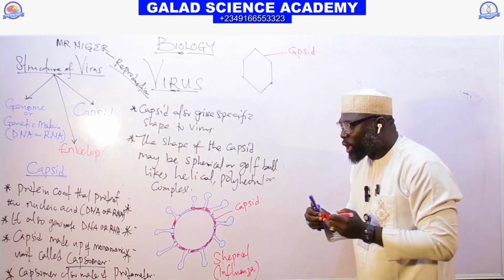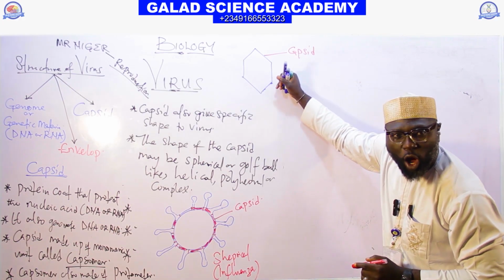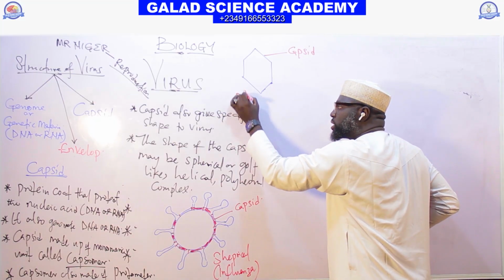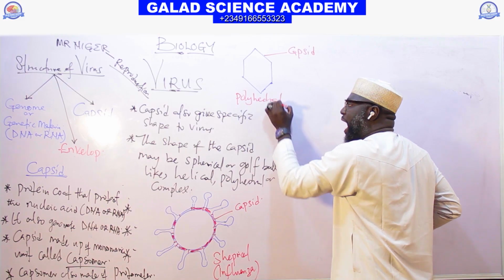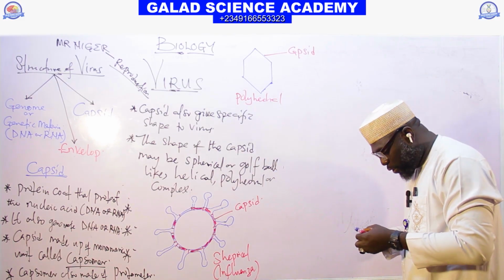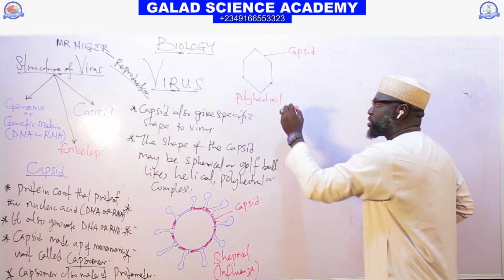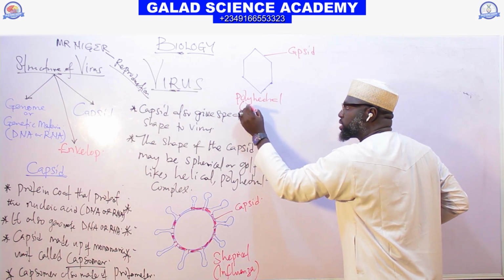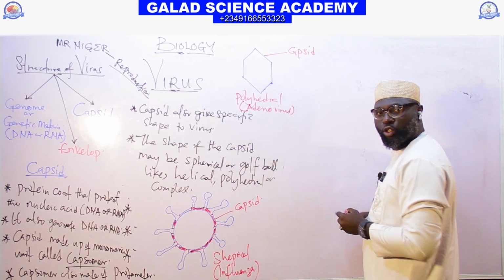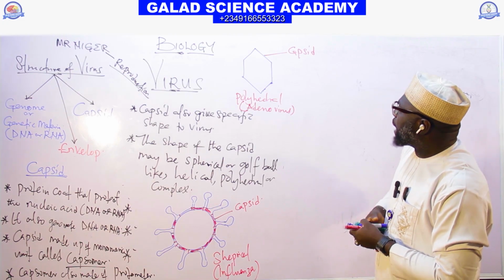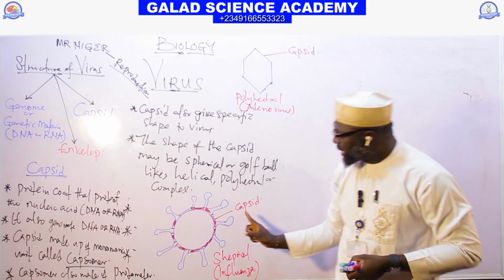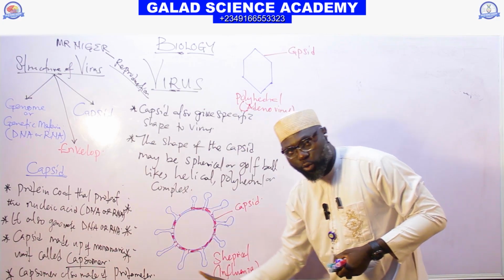The capsid for this virus is what we call polyhedral. An example of a polyhedral virus is the adenovirus. So the capsid for this one gives us a polyhedral shape, while the capsid of the previous one gives us a spherical shape.